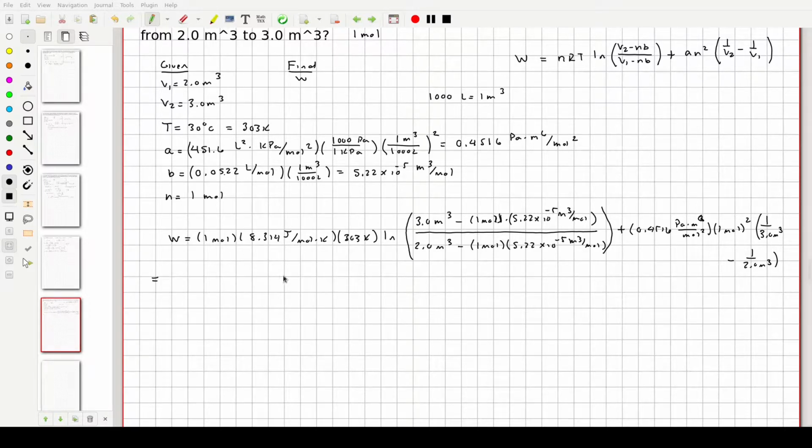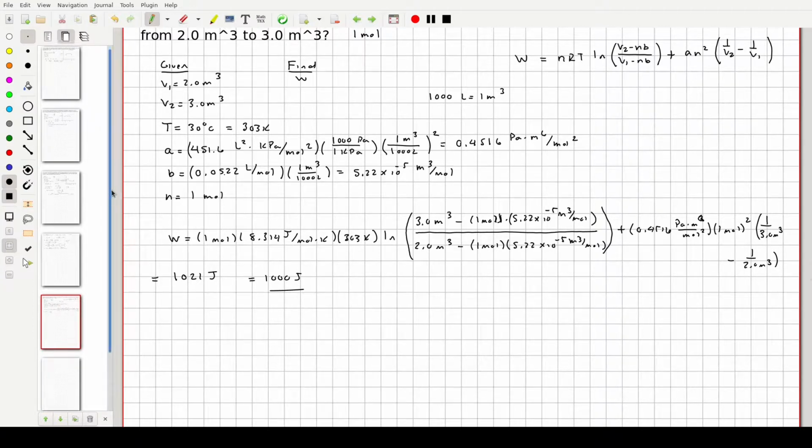You end up with 1,021 joules of work done. If you keep the sig figs, you have one here, so that's about 1,000 joules. So a little bit more complicated, like I said, dealing with a van der Waals gas, but not too much.